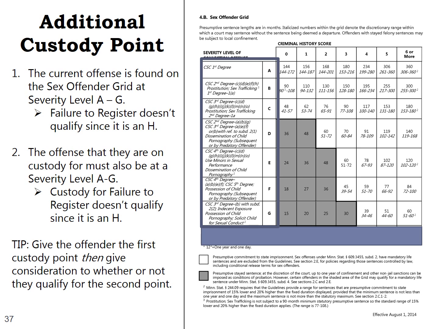So here, an example of this would be they're released following a guilty plea for a criminal sexual conduct in the 4th degree at severity level F. While awaiting sentencing on that offense, they commit a possession of pornography offense at severity level G. When the offender is sentenced on the possession of pornography case, they would be assigned one custody point, release pending sentencing, for the CSC 4 that they had entered the guilty plea on.